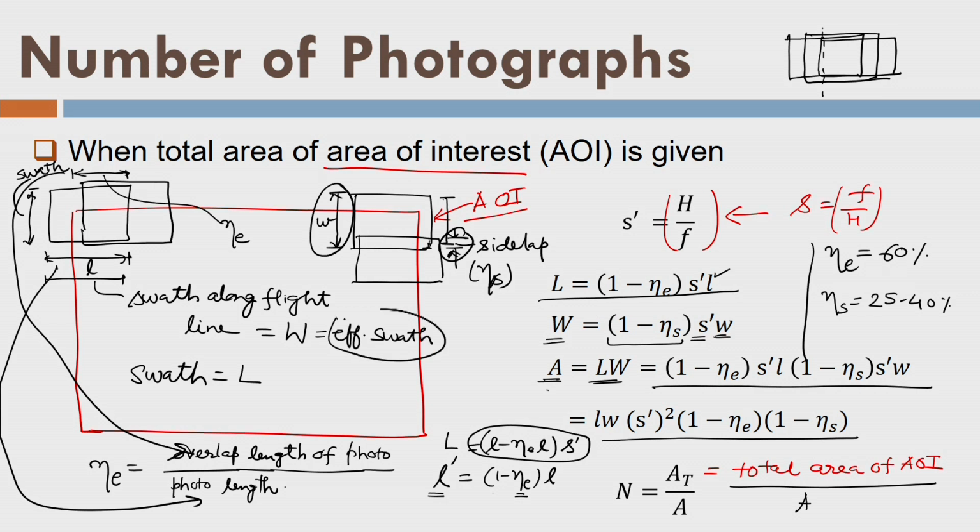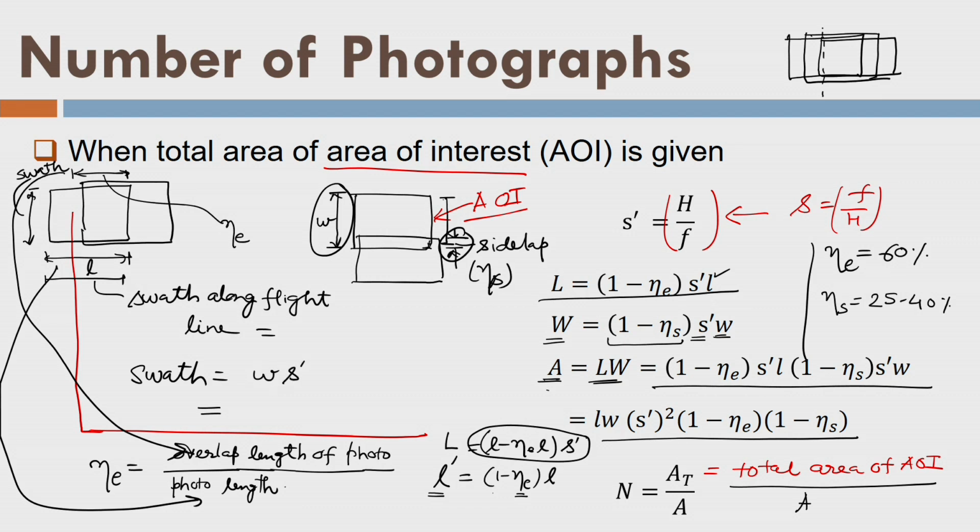Both are effective swath because they are removing the overlap area, right. So, I can say that this is my effective swath, L and this one. So, I should write here that swath is W into S dash, and the swath along the line is length multiplied by S dash.